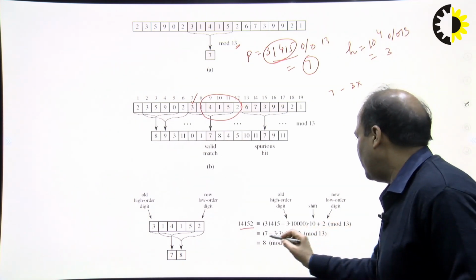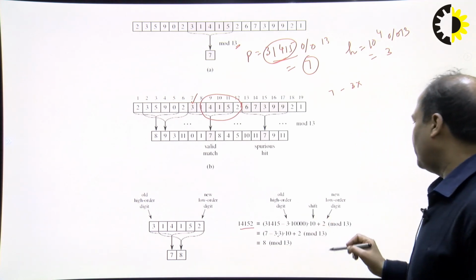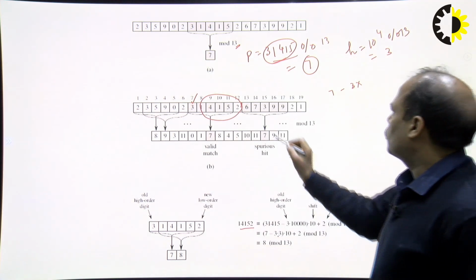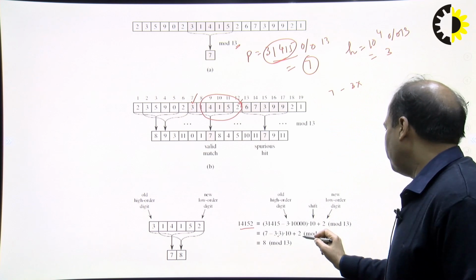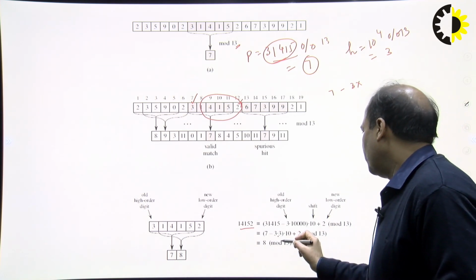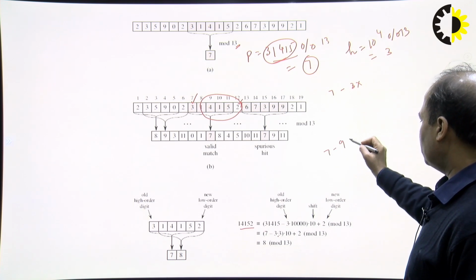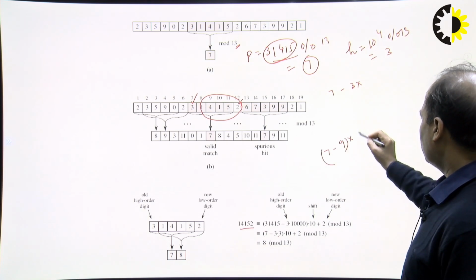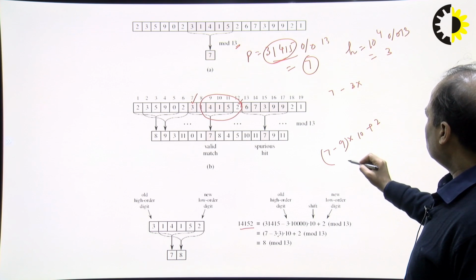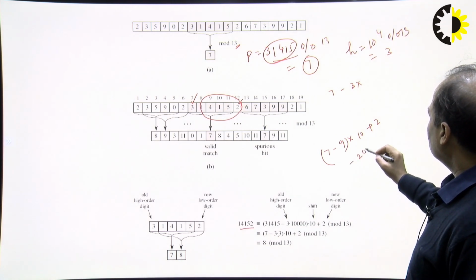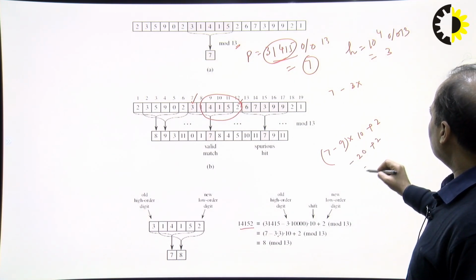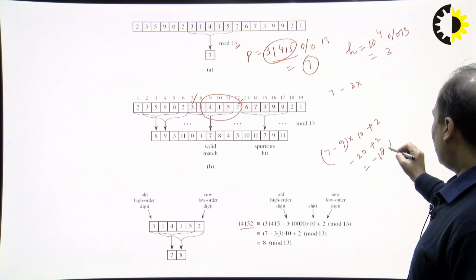So 7 minus 3 into 3, right? And plus 2. 2 is the next digit. Okay, plus 2. You see here. So now this is 7 minus 9, 7 minus 9 into 10, okay, plus 2. So this is minus 20, plus 2 means minus 18. Modulo 13.